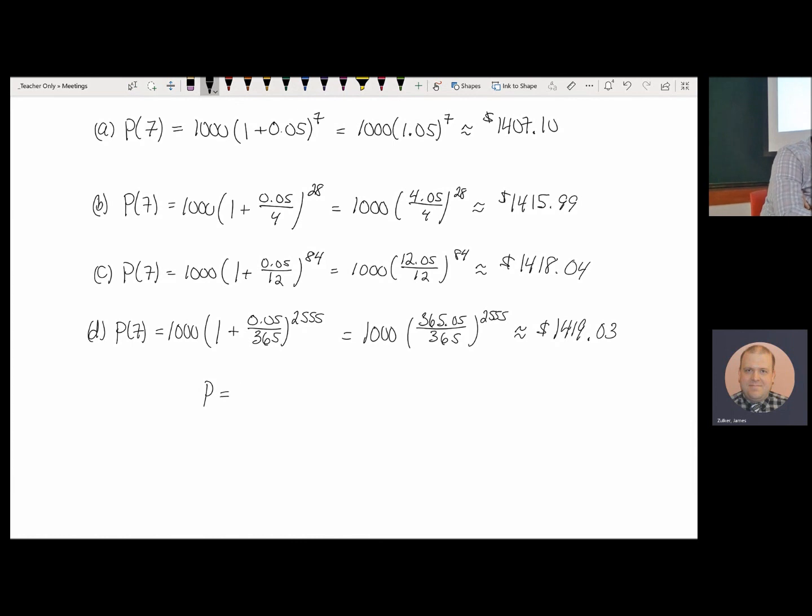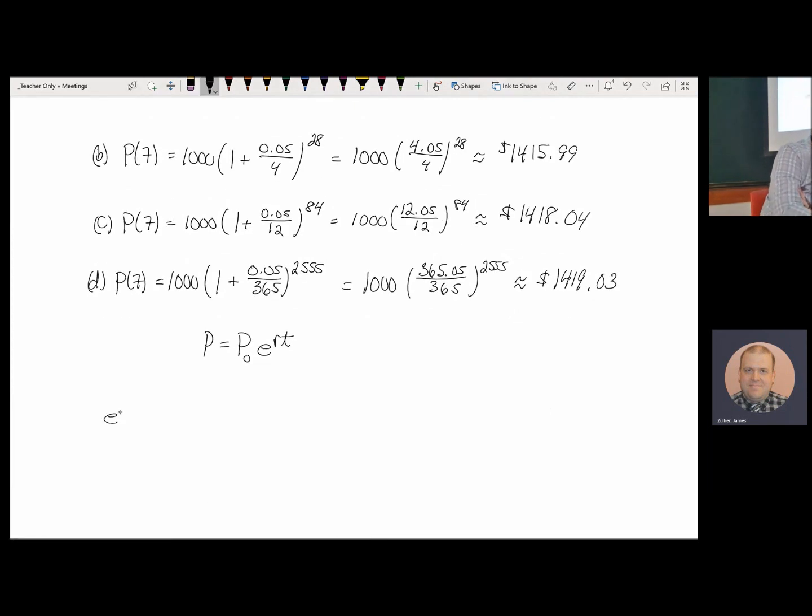So for continuous compounding, you find that limit is e to the RT, and so there's the continuous compound formula. Yep, e to the RT.